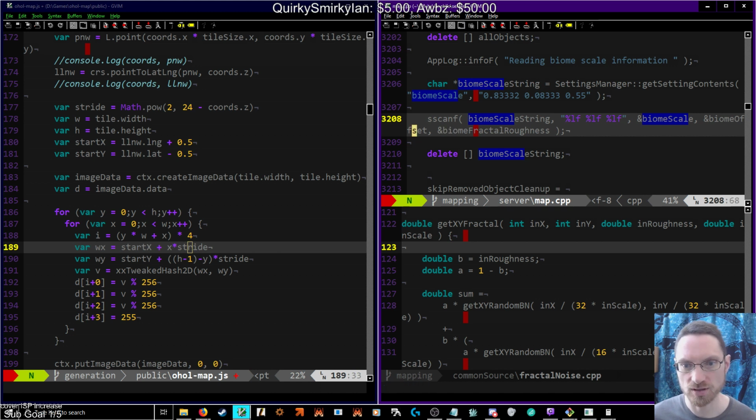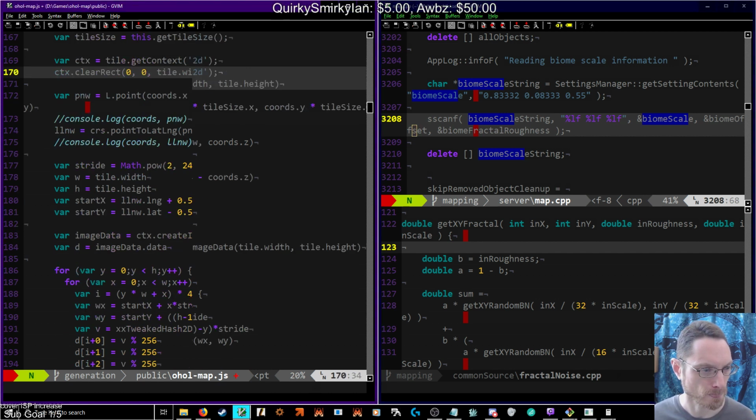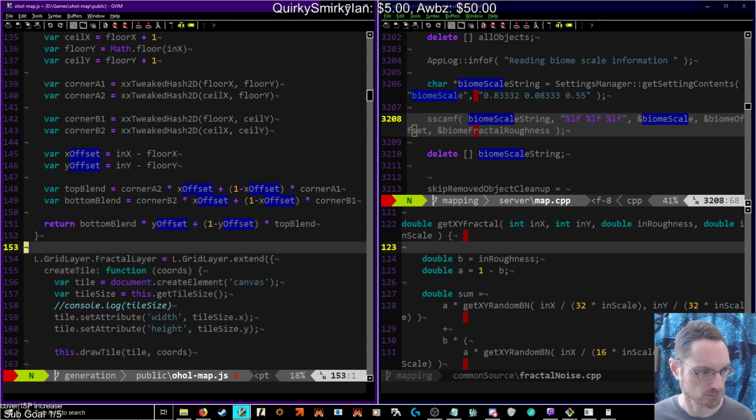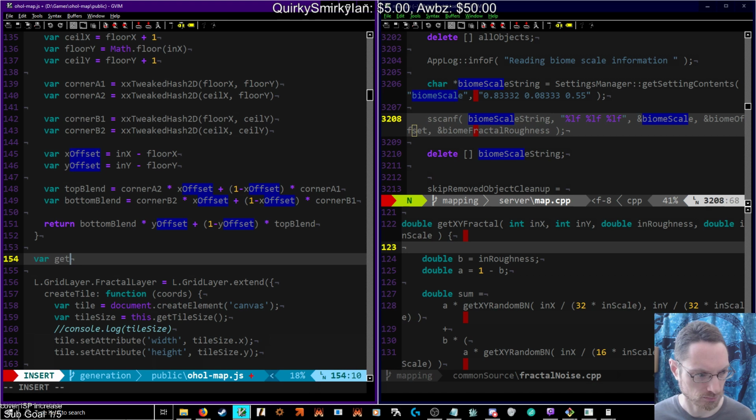Oh, actually, yeah, because that's by the number of biomes. In roughness, in scale.